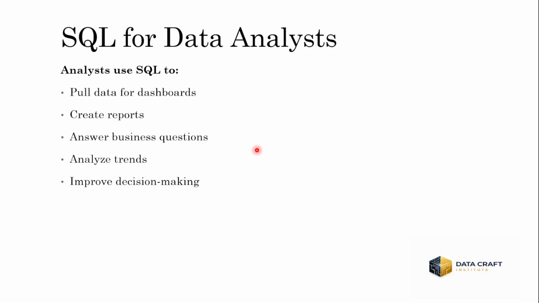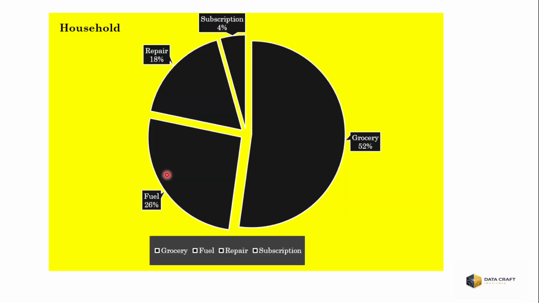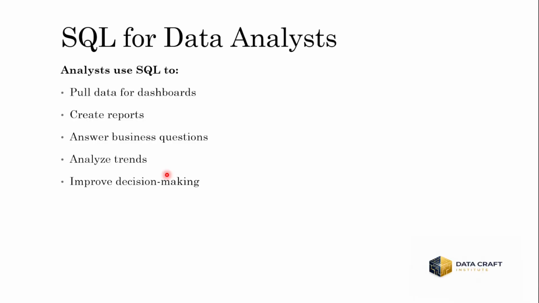Then a data analyst will answer business questions, like how to increase the savings, what has to be reduced to increase my savings. They analyze trends. This is for 1 month, this particular chart, how for every month your expenditure will look. They improve decision making, based on this, take better data driven decisions like you took already.